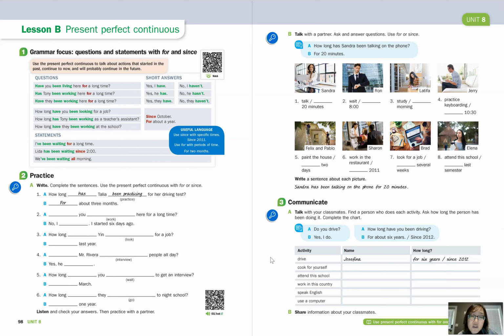So just pay attention to the structure of the question, and also whether you should use have or has. Okay, take some time to complete the questions for the rest of the activity, and you can pause the video and resume it when you're finished.